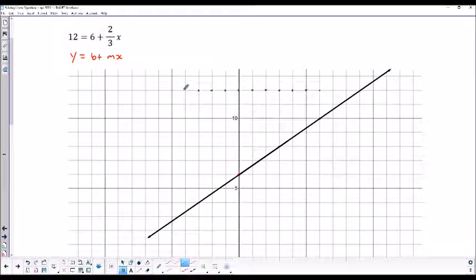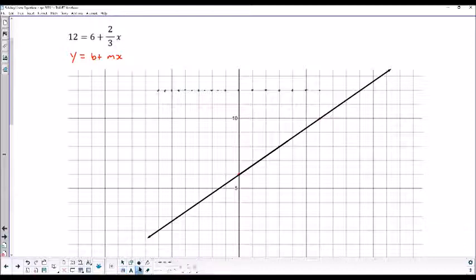I could write out the coordinates for each of these points, but I don't want to belabor this more than I already am. But all of these points have the y value of 12. In fact, if I were to draw plot points in between all these points, each of them would also have a y value of 12, and if I went in between those, they would also.